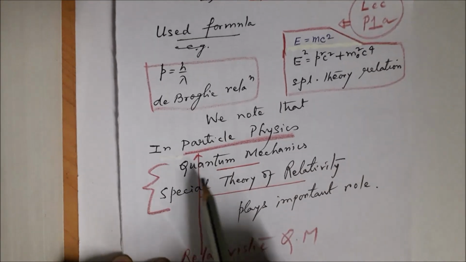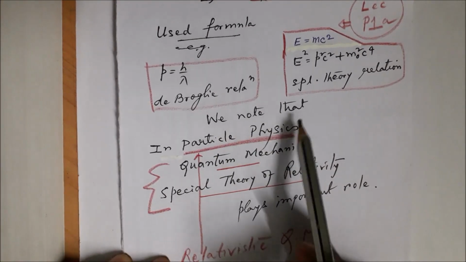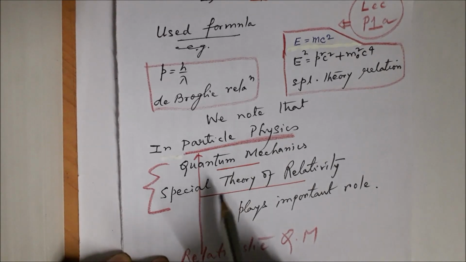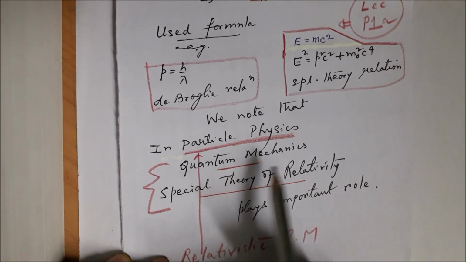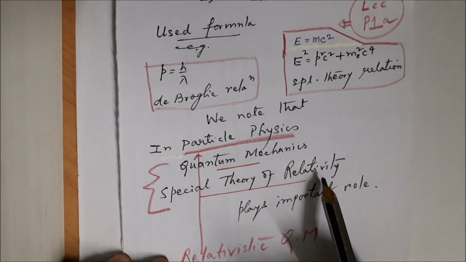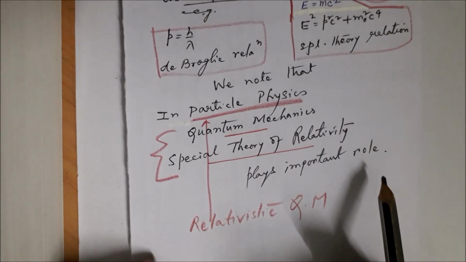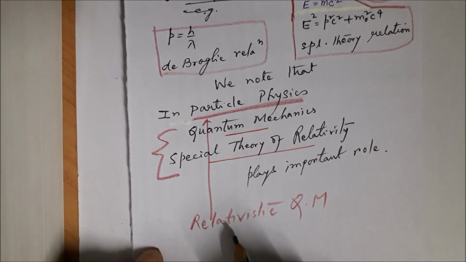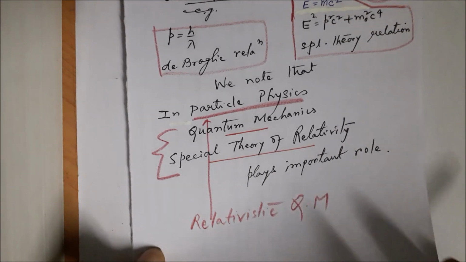We note that in particle physics, we will be using quantum mechanical results as well as results of special theory of relativity. So, in other words, it will be a bit of relativistic quantum mechanics.